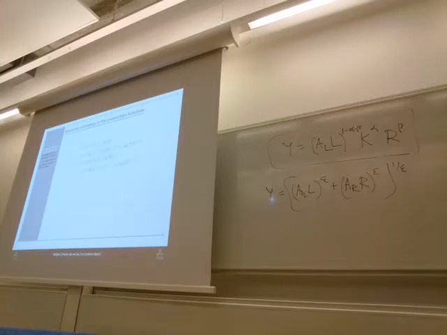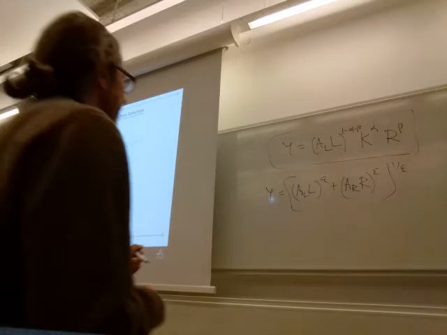So AL is, right, I wanted a number. And AR is that. And epsilon is 1. And are the inputs perfect substitutes? Yeah. The point is, when epsilon is 1, the inputs are perfect substitutes, whatever the values of AL and AR.